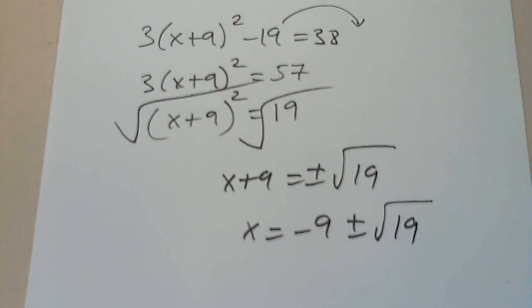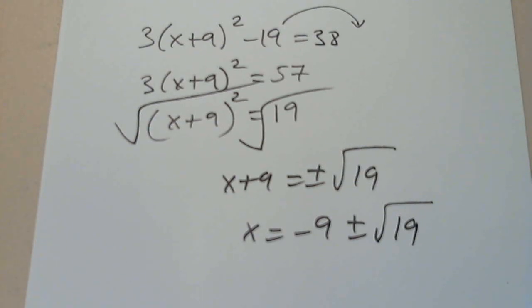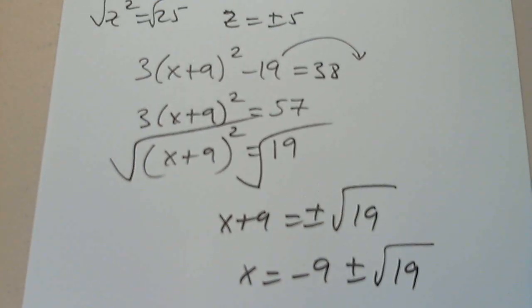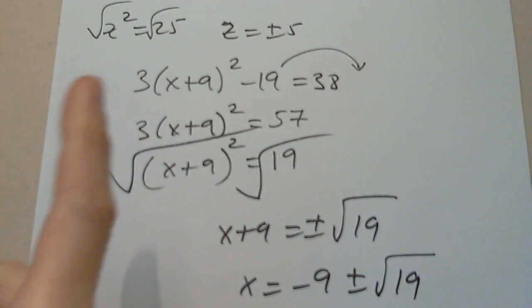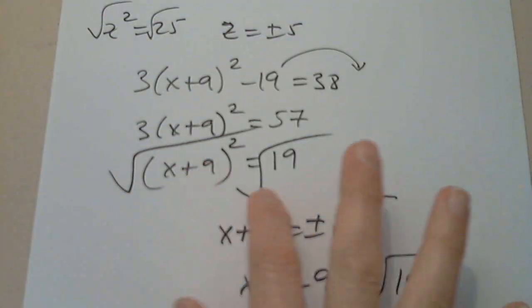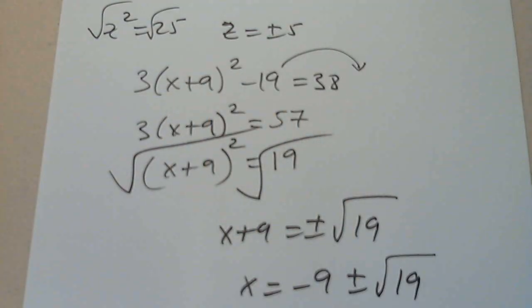Yes, this required, let's say, 2 minutes, maybe 3 minutes. So the steps here are clean it up first. You have to move 19. You have to divide by 3. And when it's completely cleaned up, then you think, okay, which method? I have 4 methods. Which method do I apply here?